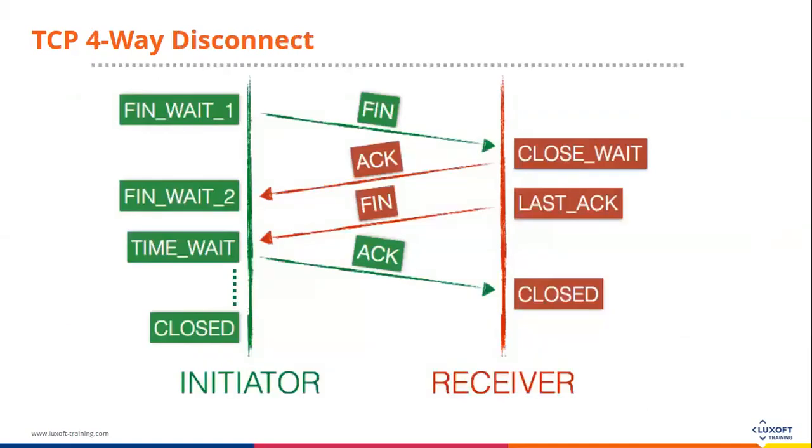And you see here that there is also a four-way disconnect. Whenever you have finished your conversation, you say, okay, I would like to finish from the side of the client, say FIN.